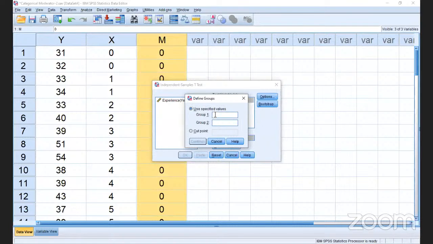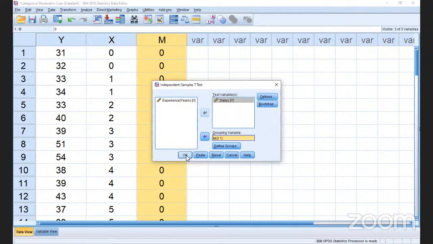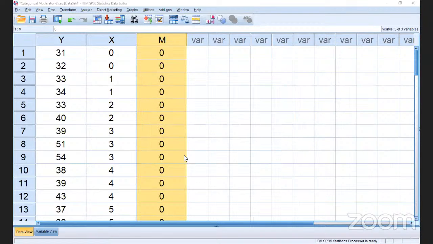So I will write here 0 and 1 for male, and then continue, and after continue we will see the result. So I am stopping sharing it and sharing the output. So the output is this. You can see the output.